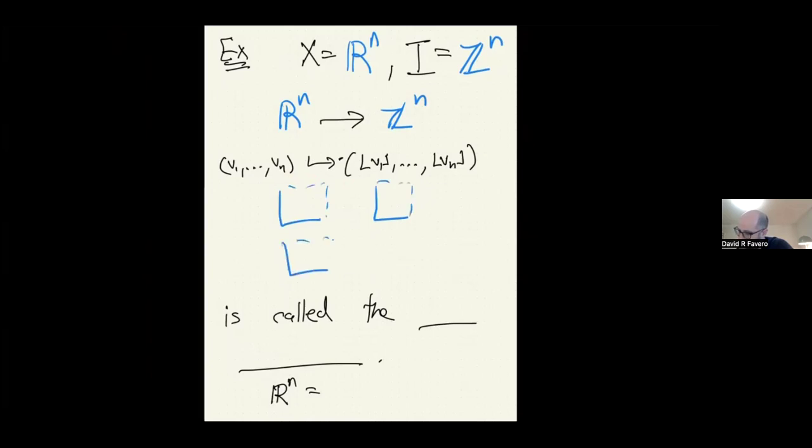So I'm stratifying R^2 with these cubes, and I'll call this the cube stratification. So R^n would be, of course, not topologically, but as a set, the disjoint union of these cubes.